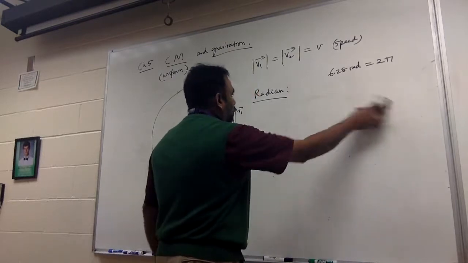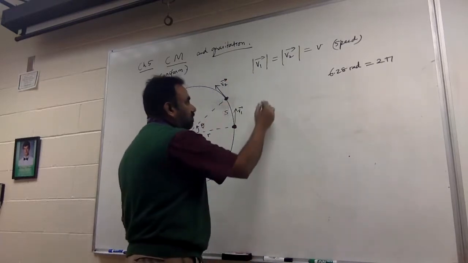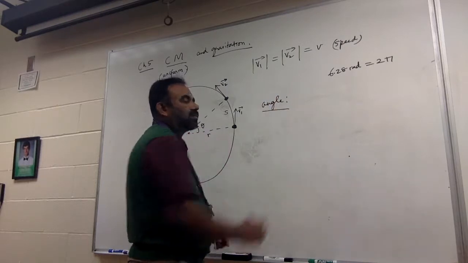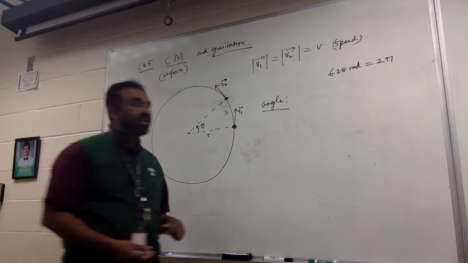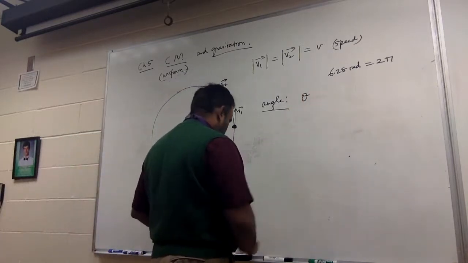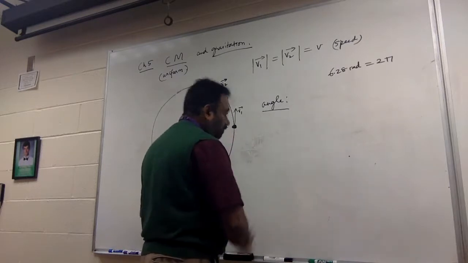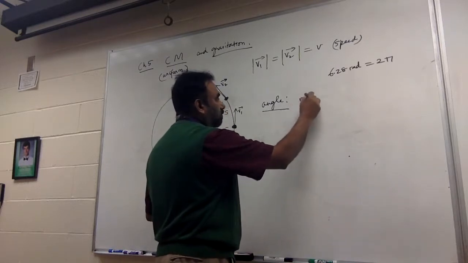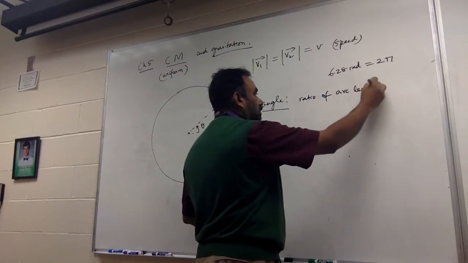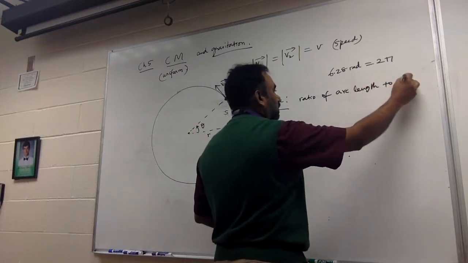So what is the definition of angle now? Angle is defined as the ratio of arc length to radius.